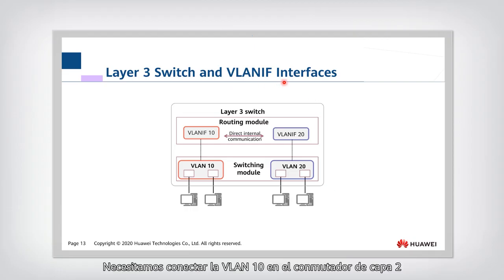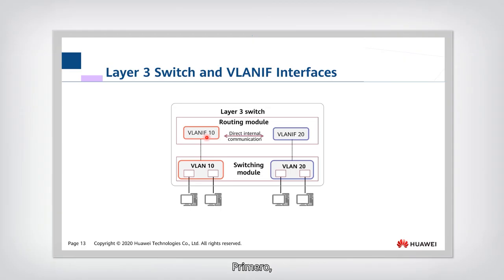Okay, so this is the physical configuration of this VLAN interface. And we need to connect the VLAN 10 in the layer 2 switch with a VLAN interface. So first, in this layer 3 module of the layer 3 switch, we need to set up two VLAN interfaces.